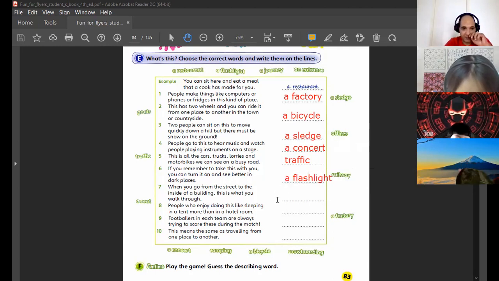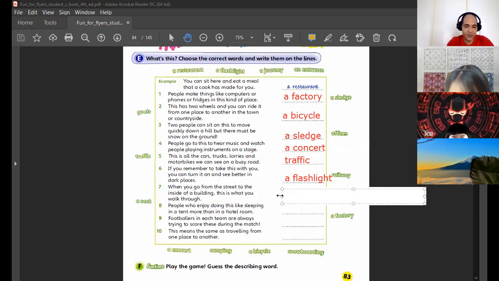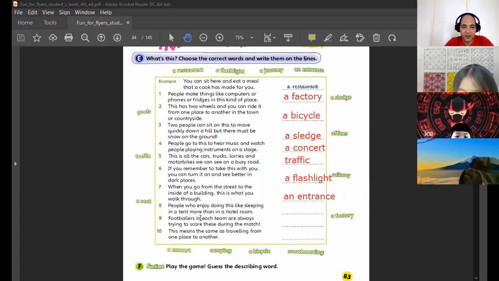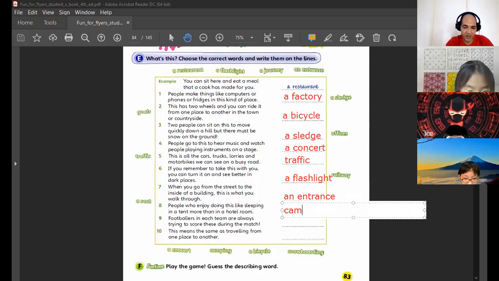Yes. Number 7. When you go from the streets to the inside of a building, this is what you walk through. An entrance. Yes. An entrance. Number 8. People who enjoy doing this, like sleeping in a tent more than in a hotel room. Camping.